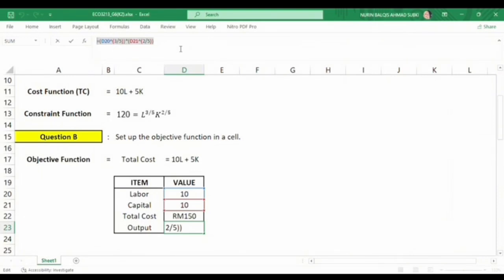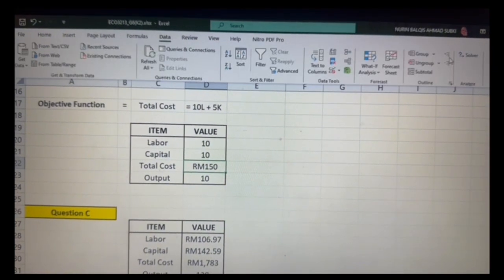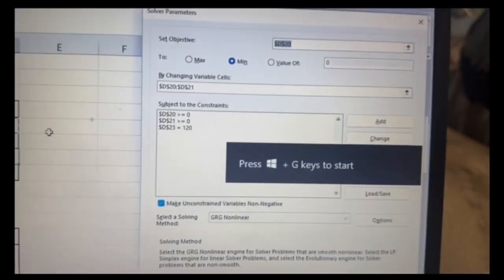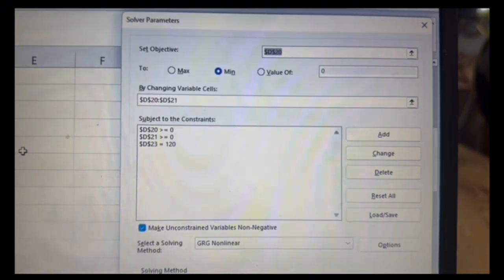Excel calculates the output automatically whenever the values of labor and capital change. The objective function in cell D22 will later be selected as the solver objective cell, where solver will minimize the total cost while ensuring that the output remains equal to 120 units.